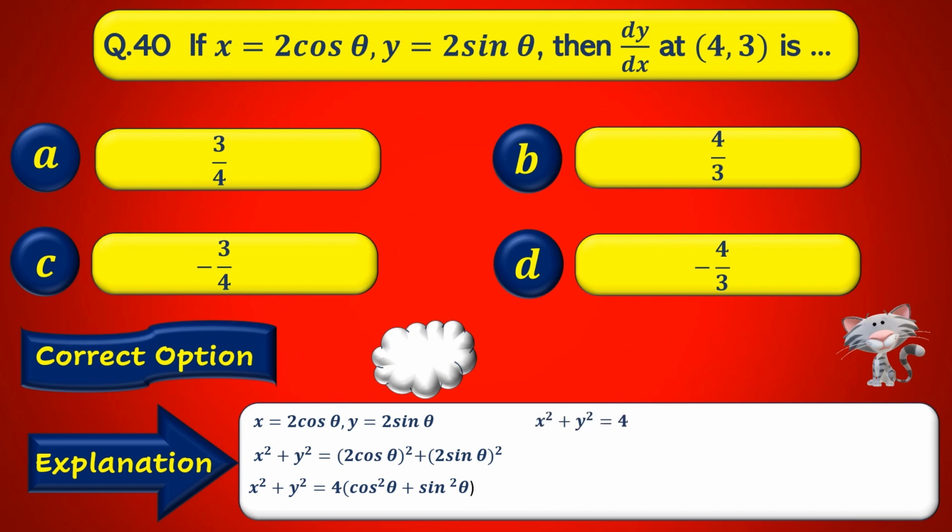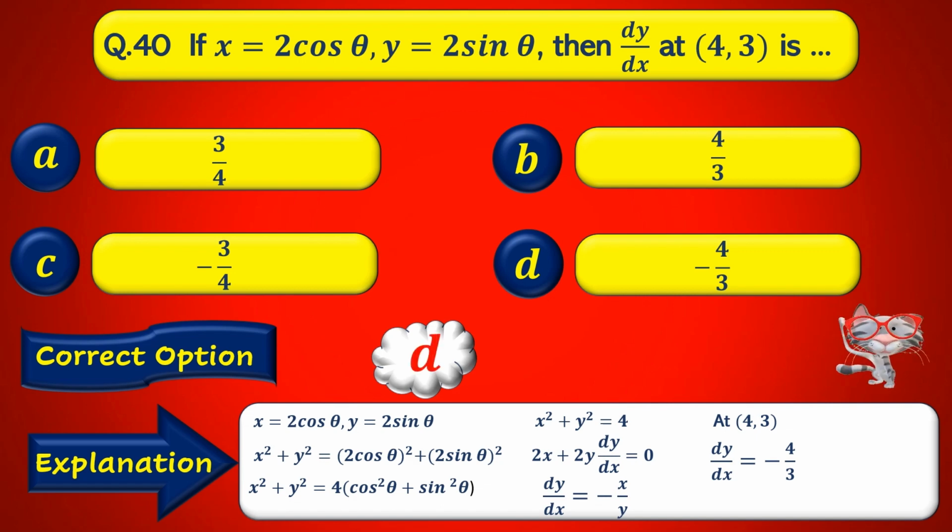We take the derivative of this equation. 2x plus 2y dy by dx is equal to 0. It gives dy by dx is equal to minus x over y. So at (4, 3), the derivative is minus 4 over 3. Just replace the values of x and y. So the correct option is option D.